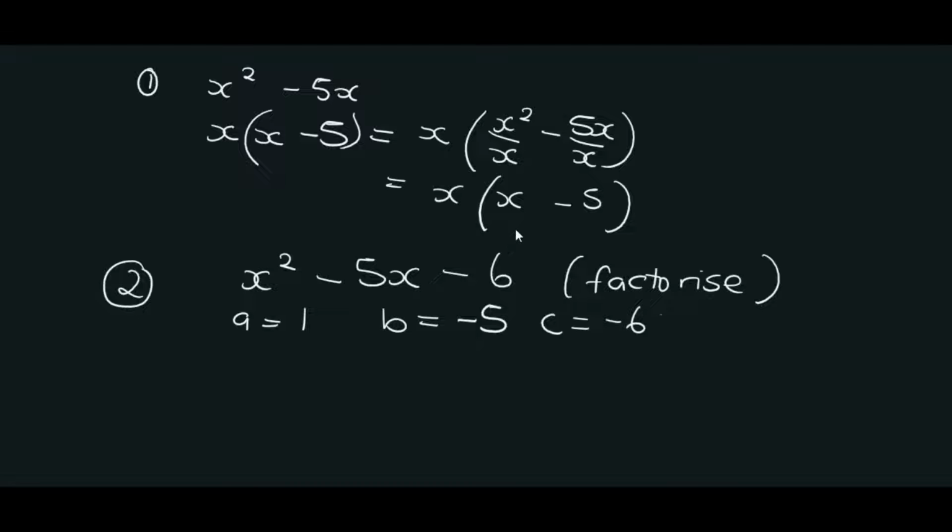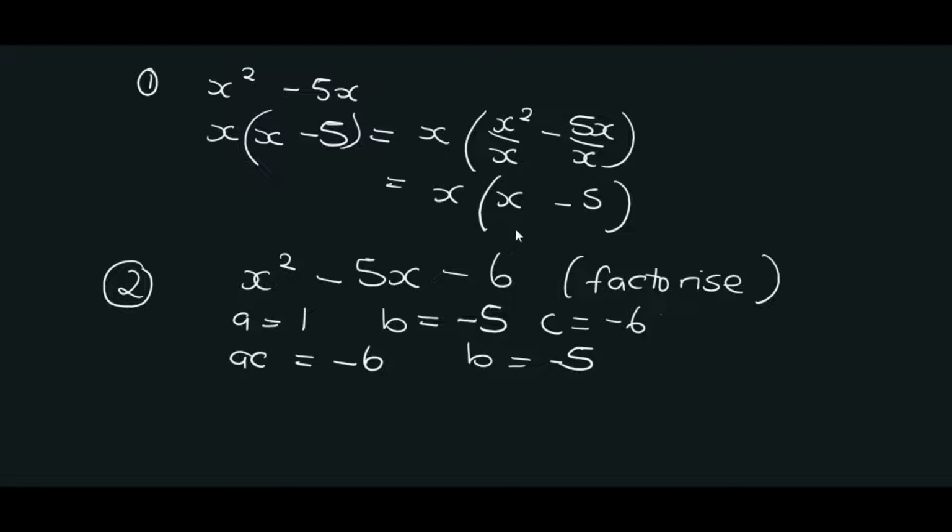So the first thing is we find AC. So AC is equal to minus 6. Our B is equal to minus 5.